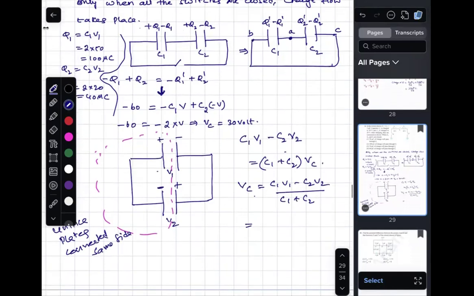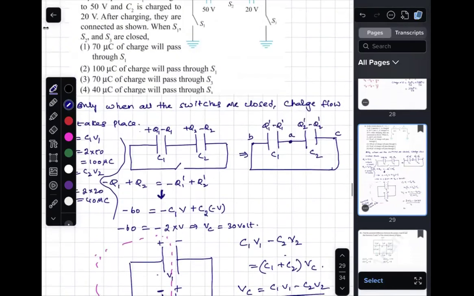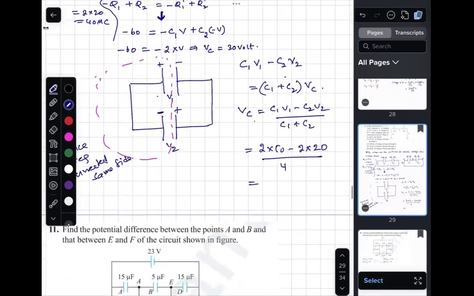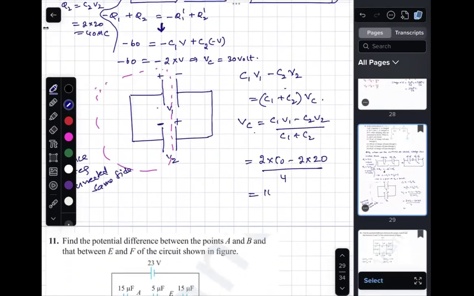Now, what you are going to have is 2 into 50 minus 2 into 20 divided by 4. Now, you see 2 is common, 50 minus 20. 15 is the common. Right or not? Right. So, 100 minus 40, 60 by 4, 15, right? 15 volts. This is the correct relation.